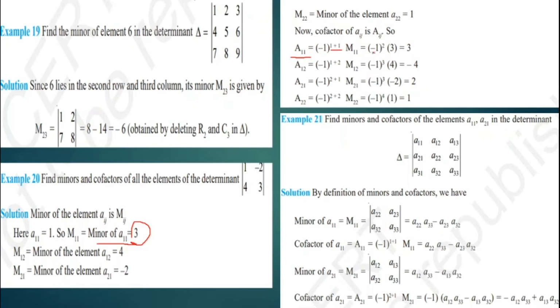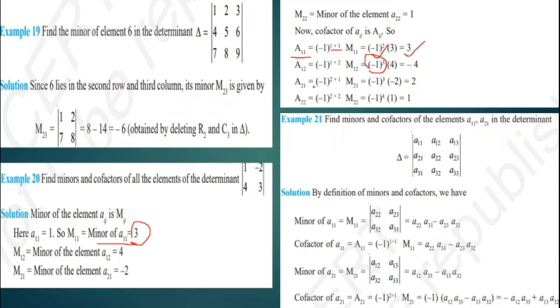So we get positive 1 into 3, that is 3. Next, A12 equals minus 1 to the power 1 plus 2 into M12. What is the M12 value? 4. So minus 1 cubed into 4, that is minus 4.